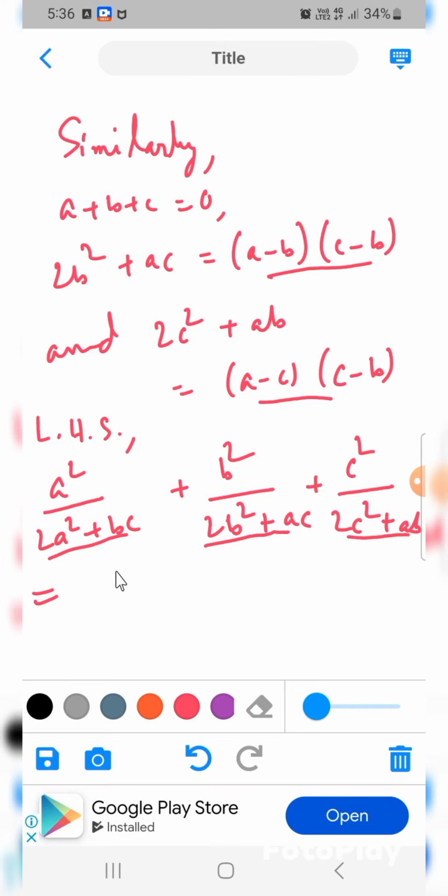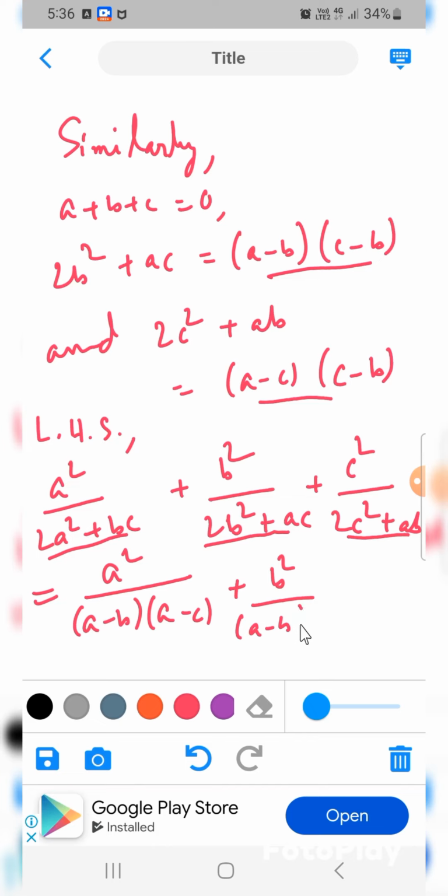So we will get A square by A minus B, A minus C plus B square by A minus B, C minus B, sorry, and this plus this will be minus.